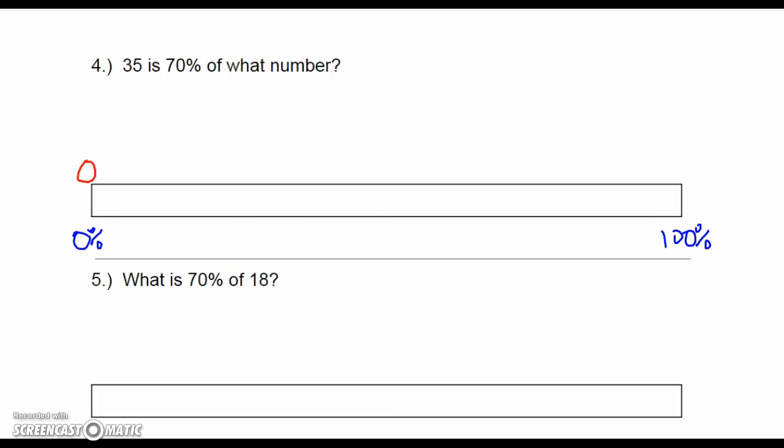Of what number, that means that's my unknown. I've got to find out what that is. Of is the whole thing. Of would be my entire group, whatever this 100% is. I'm given that 35 is 70% of this whole thing, the whole in the part to whole ratio.